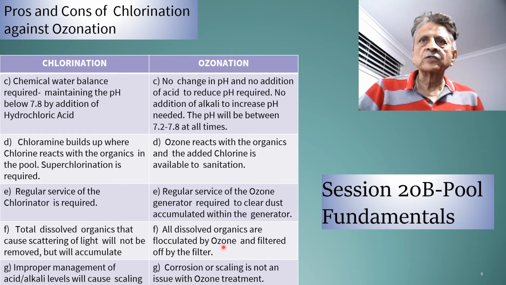In the case of ozone treatment, corrosion and scaling are not issues, simply because there is no increase of alkalinity and there is no decrease of pH because of ozone treatment. Therefore, the pool is safe from corrosion and scaling.